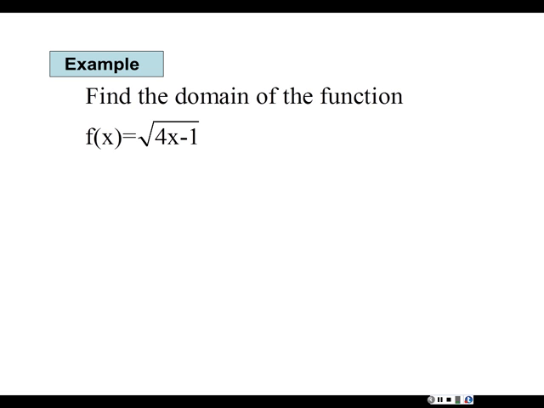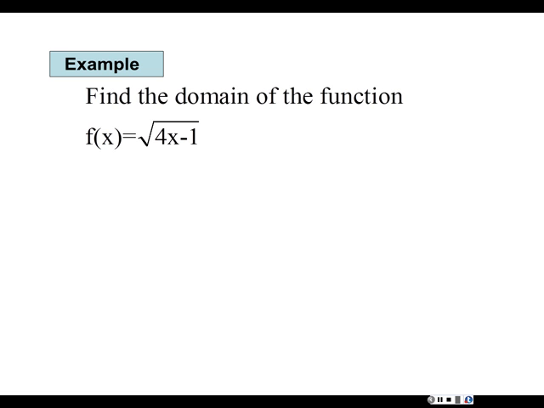Now let's try that. So 4x greater than or equal to 1. So you will have x greater than or equal to 1 over 4, right?